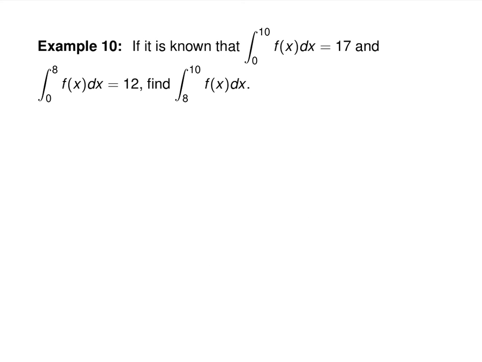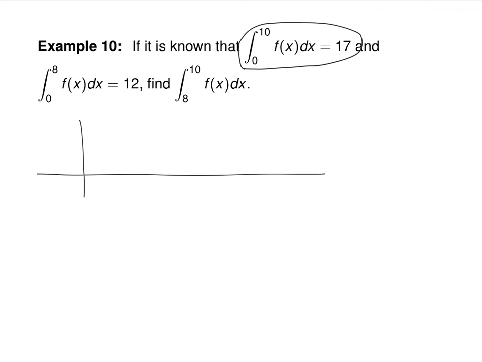Okay, this is something I didn't actually put in a property, but it's a pretty easy property to visualize. So you have some curve, f of x, and the area from 0 to 10 is 17. So I don't know what happens. The curve does something, maybe, not sure, but from 0 to 10, the area is 17. Somehow, maybe negatives cancel, maybe it's all positive, but somehow it's 17.